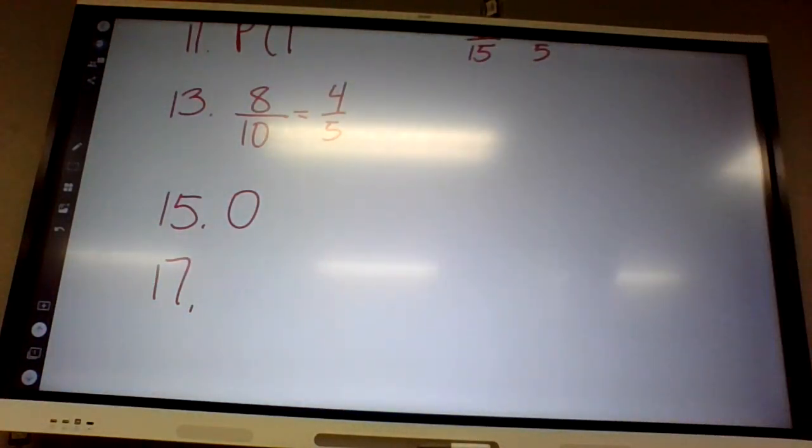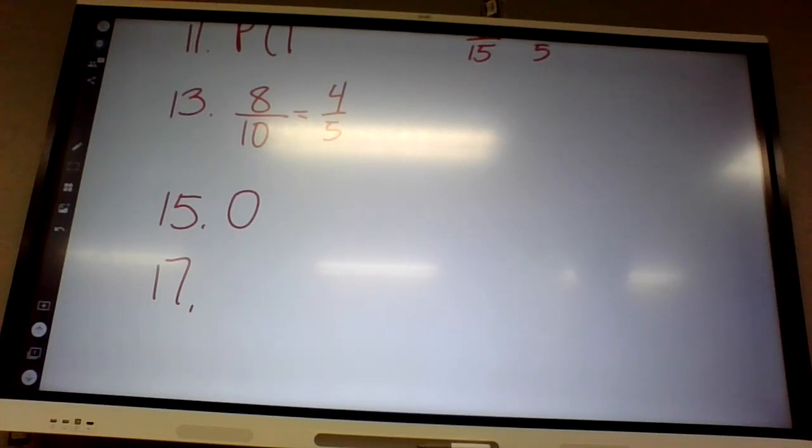Okay, number 17, Coach Dixon keeps free throw statistics for his basketball team. Use the data in the table to find each experimental probability of making free throws to the nearest percent. So this one we are changing to a percent and rounding to the nearest 1%. What's the probability for Jake?